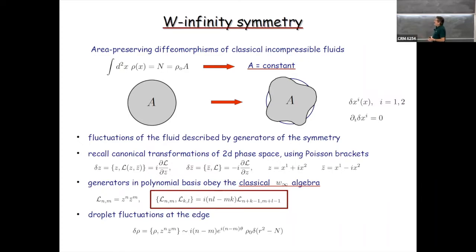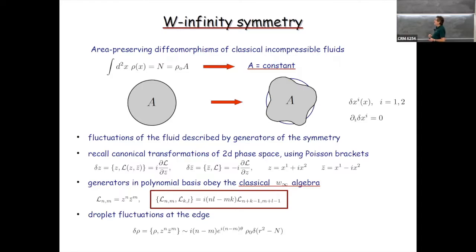So I can say that I realize the fluctuations of the incompressible fluid in terms of this change of coordinates of the plane. Okay, so the fluctuations of the fluid are described by the generators of this symmetry. At this point, you have to remember from your mechanics course that this is indeed the canonical transformation of a two-dimensional phase space.